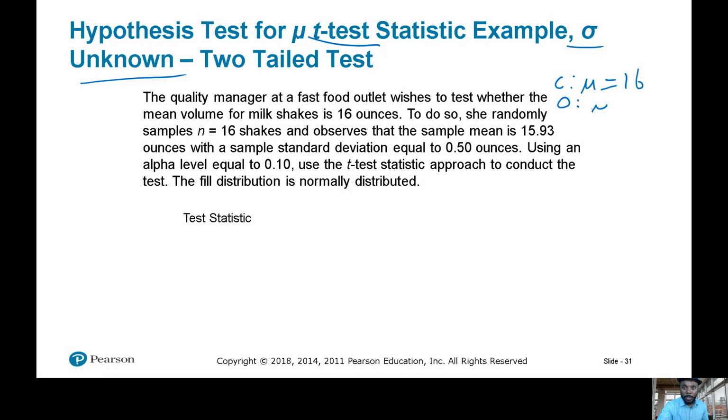Our opposite is that mu is not equal to 16. So this is going to be a two-tailed test. Our null hypothesis is our claim. Our alternative hypothesis is our opposite.